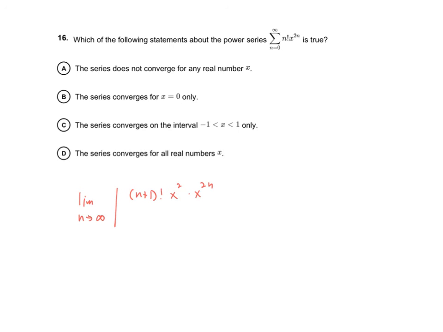So if you plug in n plus 1 for n, that'll be x to the 2n plus 2, and that's what that is. Okay, and that has to be less than 1.